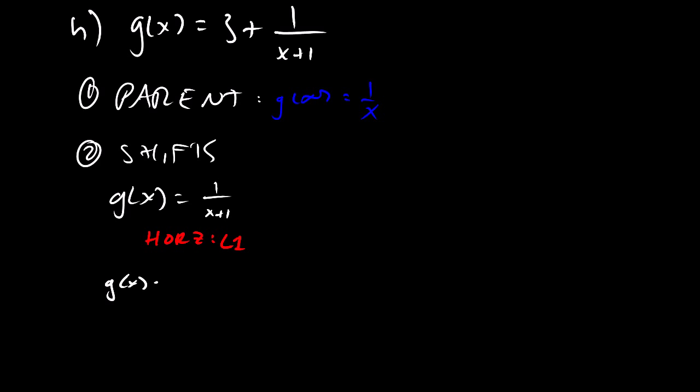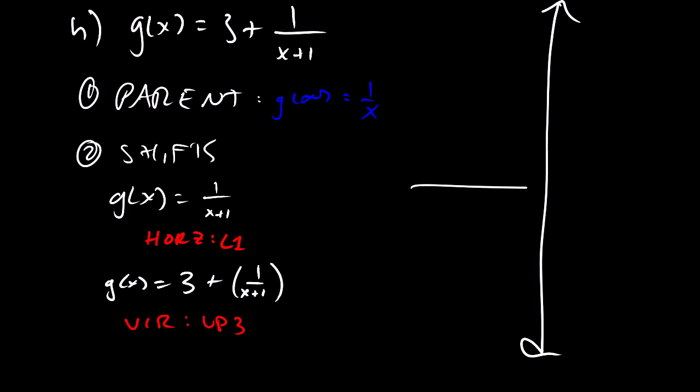So g of x is equal to 3 plus our whole quantity. And what happens if we add a quantity? We have a vertical. A positive 3, we're going up 3. Oh my gosh, we forgot our coordinates again. Bring them back. Here we go. Left 1. Up 3. 1, 2, 3. So here's our new ghost center point.